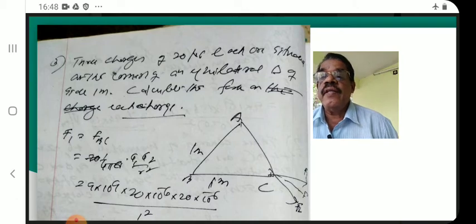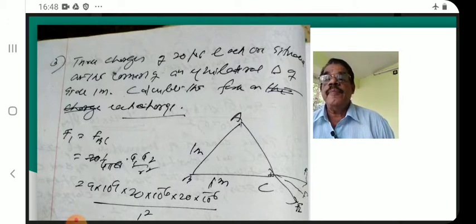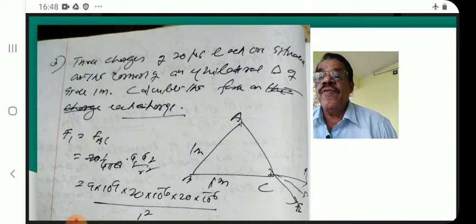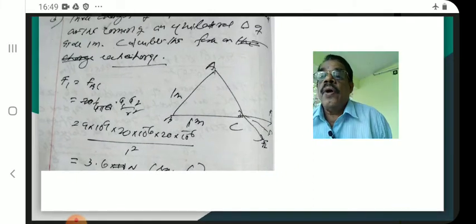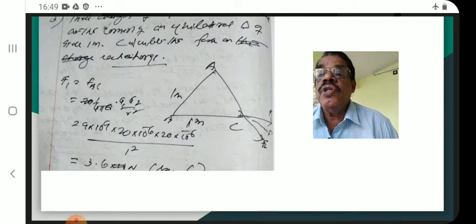So we have to find the force between A and C and the force between B and C and add them together. FAC equals 1 by 4 pi epsilon 0 Q1 Q2 by R square, that is 9 into 10 raised to 9 into 20 into 10 raised to minus 6 into 20 into 10 raised to minus 6 by 1 square.